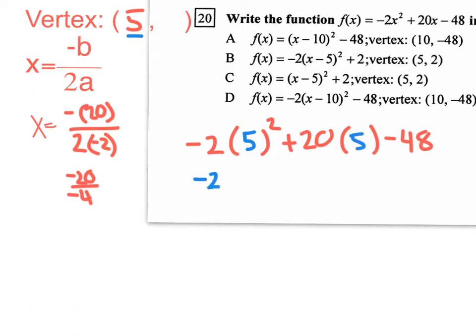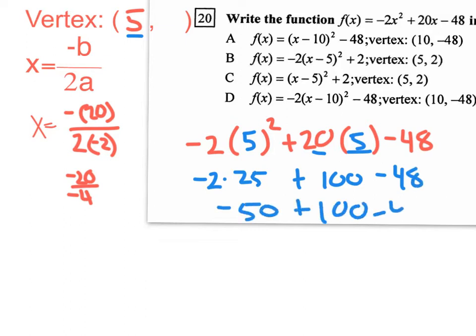I'm going to have a negative 2 times 25 plus 20 times 5 is 100. Take away 48. So I really have negative 50 plus 100 take away 48. So what I really have is 50 take away 48, which means our answer is 2. So our y value is 2.